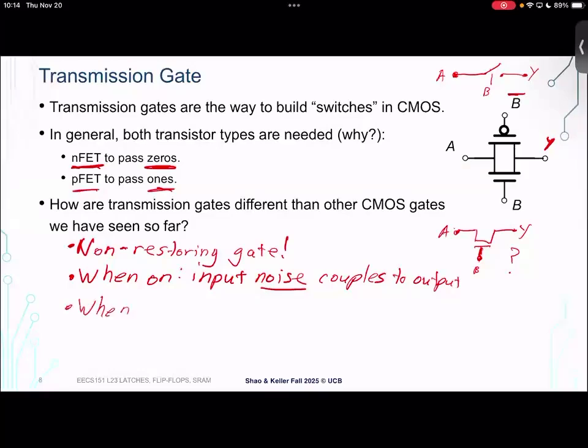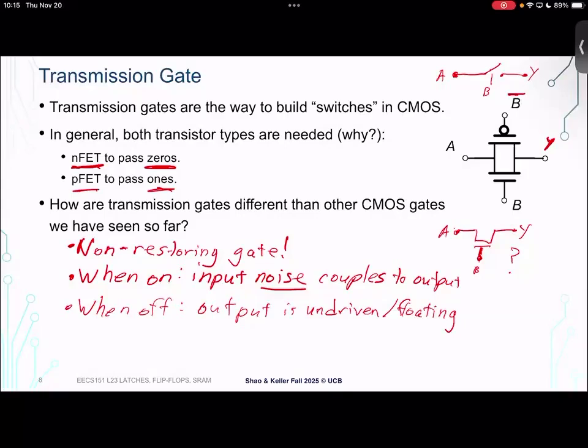And then the other consequence is what happens when this gate is off? What is the value of Y when this gate is off? Yeah, it's not being driven by anything, right? So the output is undriven. We also sometimes call it floating.